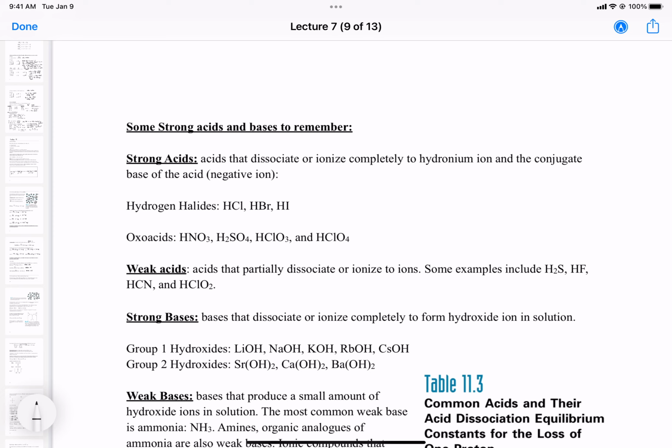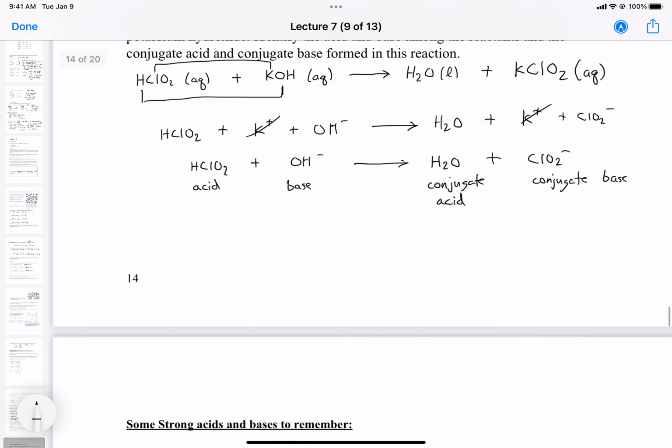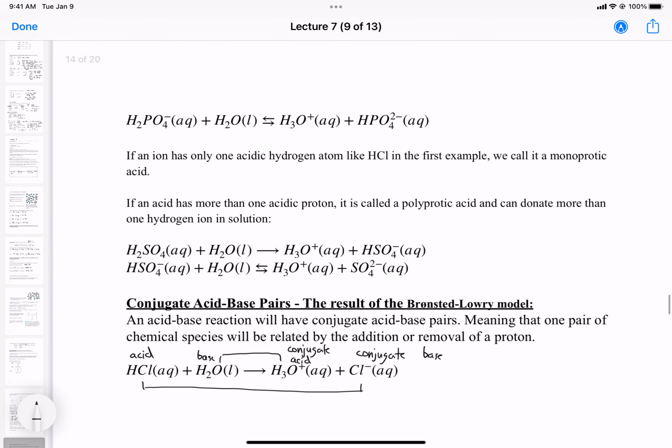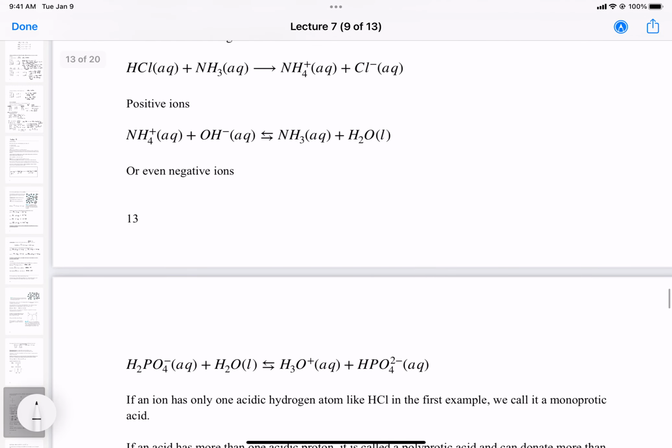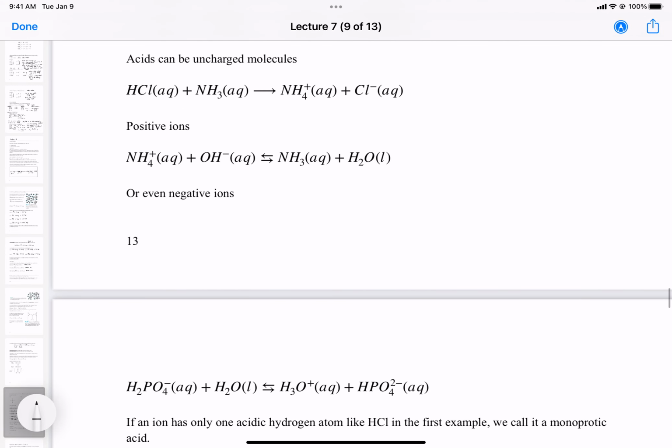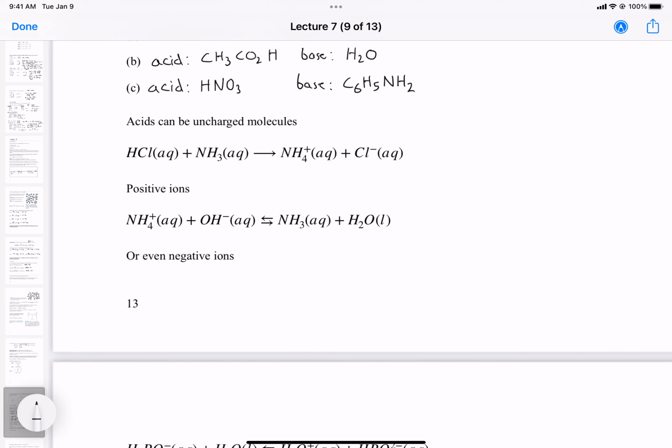Okay, weak acids. They're acids that partially dissociate or ionize to ions. So they're acids that have these equilibrium arrows here. So for the second example here, that's a weak acid. HSO4 minus is a weak acid. And if we go up here to hydrogen phosphate, that's a weak acid. NH4 plus, also a weak acid.